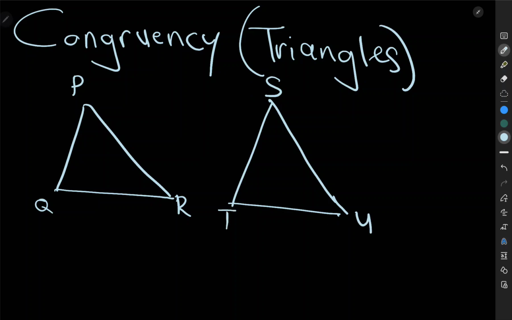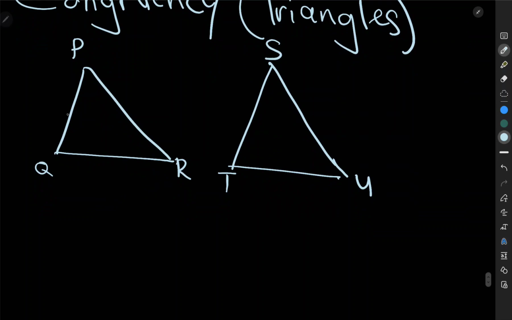Okay, and it is given that this side PQ is equal to ST, and also given that PR is equal to SU, and last but not least, QR is equal to TU.